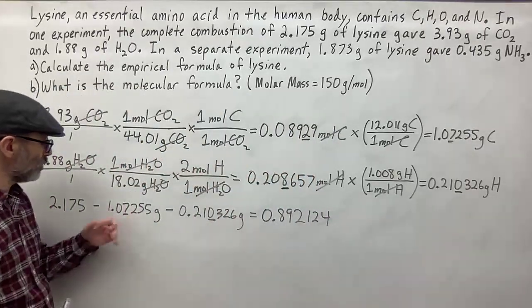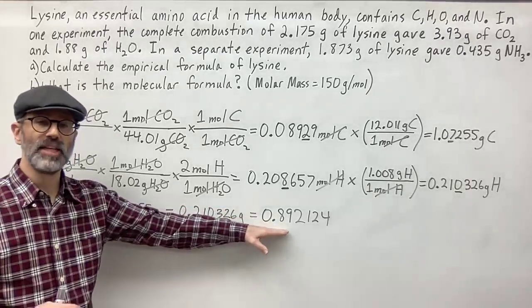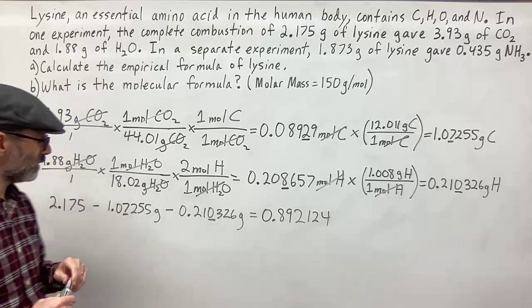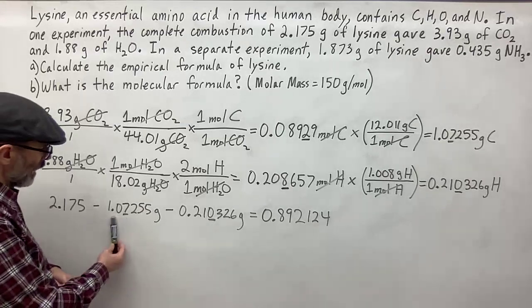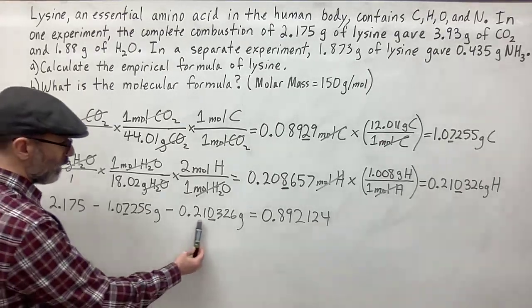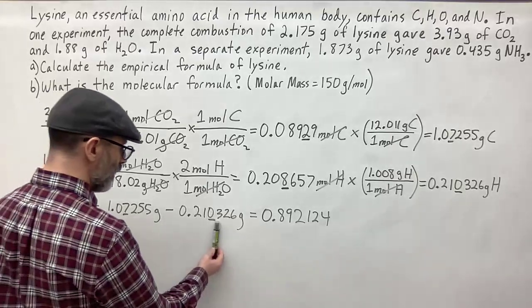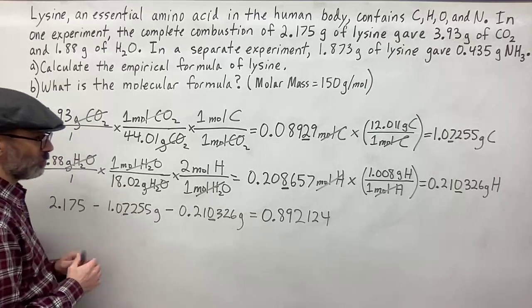Now, when you're adding and subtracting, the answer should have the same number of decimal places as the least number of decimal places. So I have 3 decimal places here. I have 2 here. I have 3 here. Yep, I have 3 here. So 2 is the lesser amount of decimal places.